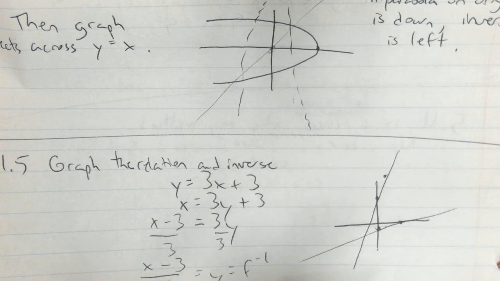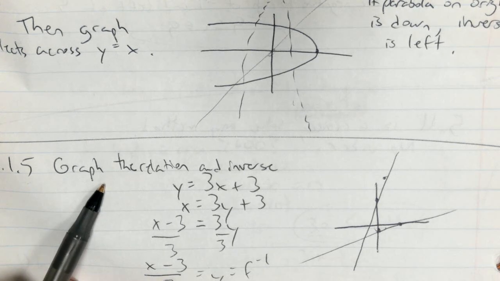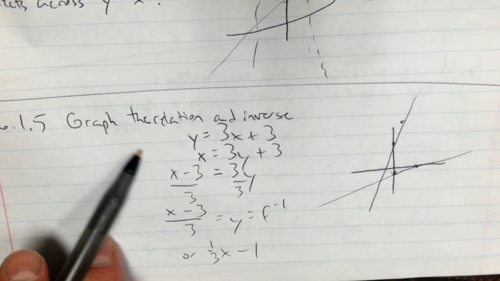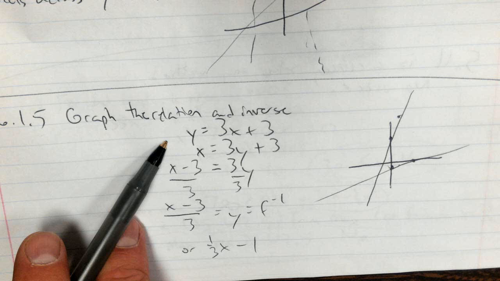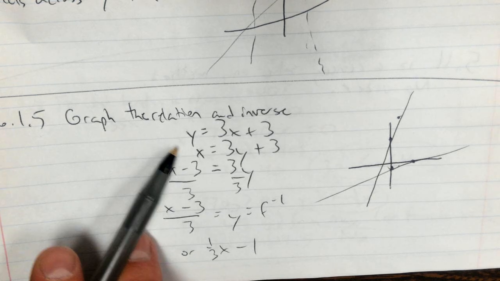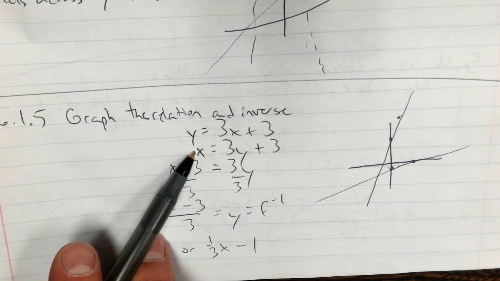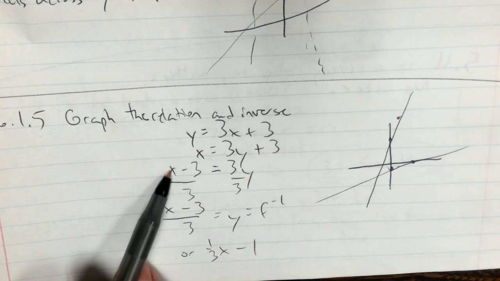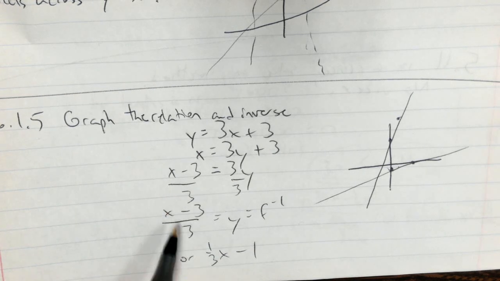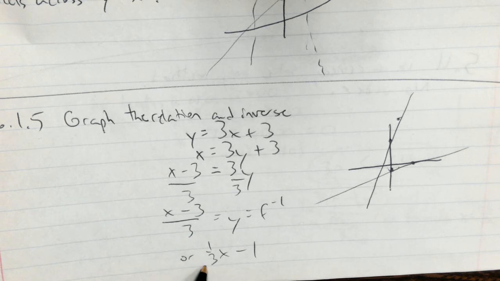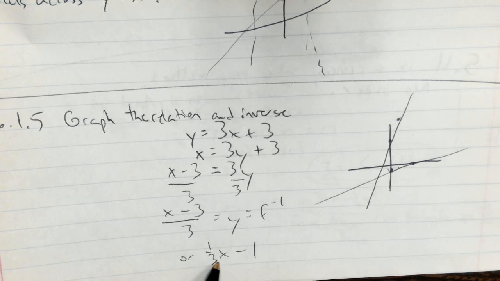Okay, the next thing says graph the relation and the inverse. So we have a linear function y equals 3x plus 3, which turns into x equals 3y plus 3. Then you just subtract 3 and divide by 3, and so there you have it: x minus 3 over 3, which is the same thing as 1/3 x minus 1.